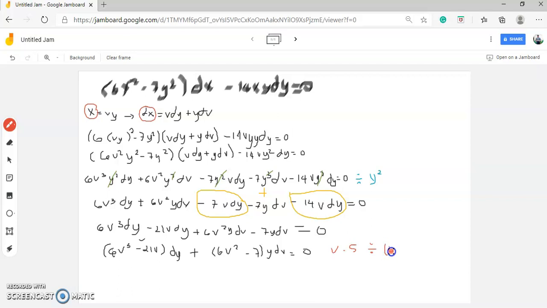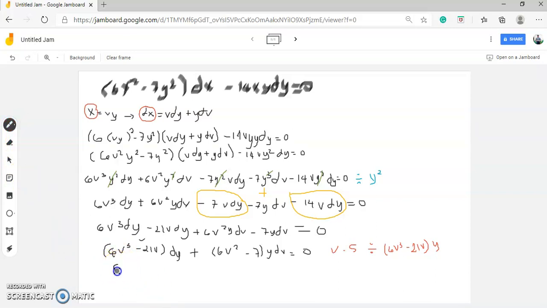So you have 6v cubed minus 21v. Next, for this part, what is the one that we don't need? Okay, y. Very good, because we have v here, so we want to remain the v here, and what we want to cancel are those in different variables. So from there, we will now divide.